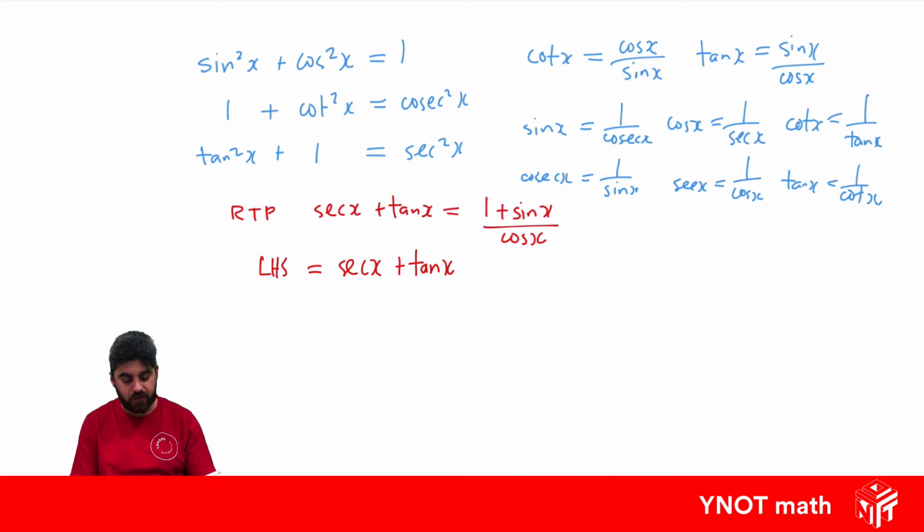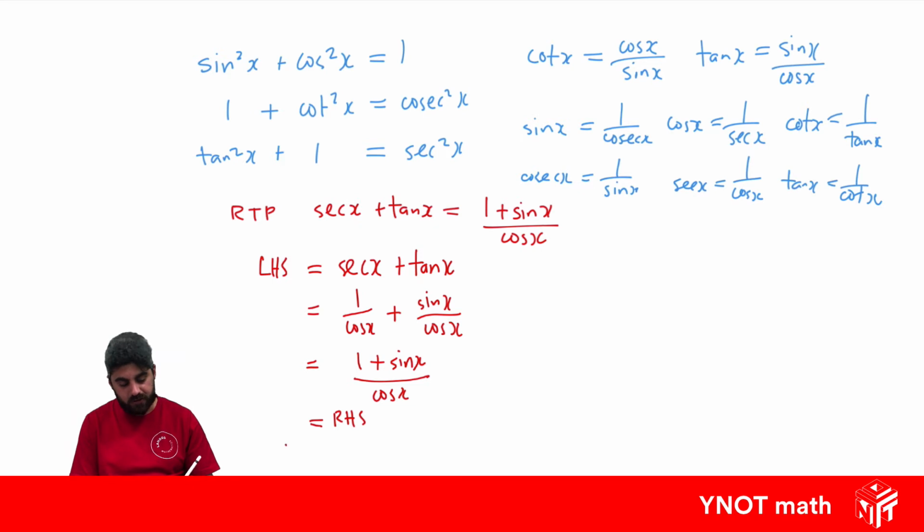So sec x is actually 1 over cos x, and tan x is sin x over cos x. So we've successfully changed everything to sines and coses. Now our denominators are the same, so we just add our numerators together and we actually get that right-hand side. So we can say therefore the left-hand side equals the right-hand side.